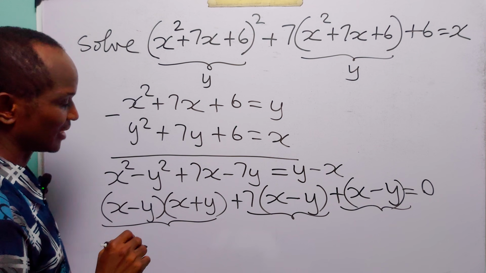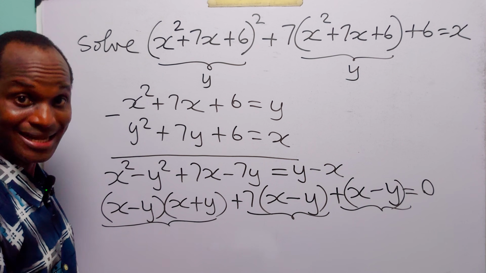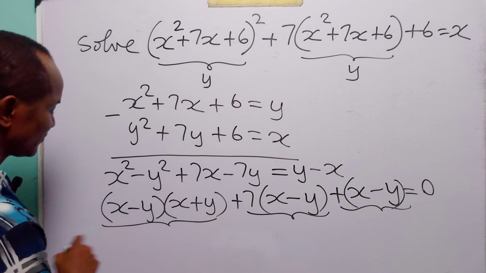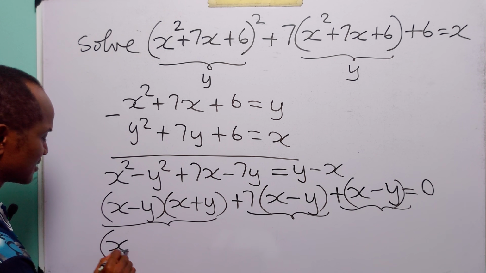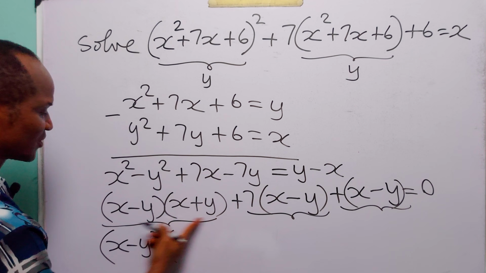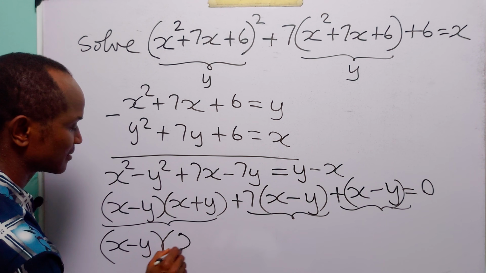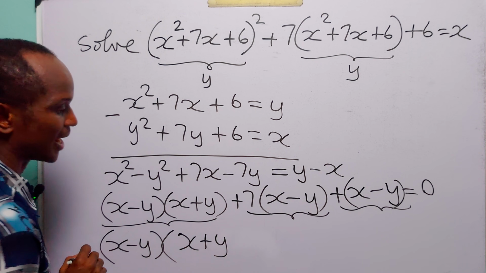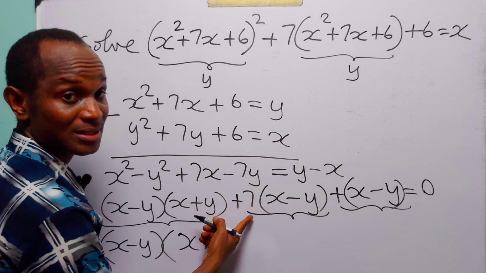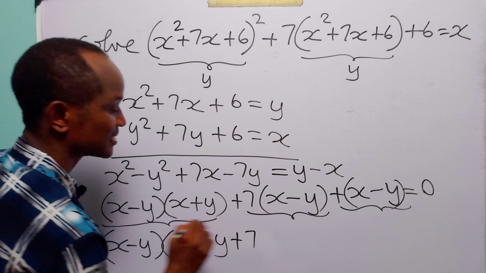Now look at these three terms. You will see a common factor, which is x minus y. So we can still factorize. Now, when we do that, we have x minus y into, when you divide this first term by x minus y, you are left with x plus y. When you divide the second term by x minus y, you are left with plus 7.